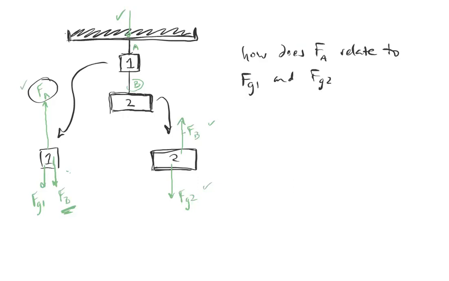Now, if you think about that, this rope right here is responsible for holding up both of those things. If you cut it, they would both fall. Then what you would expect is that the tension in that rope is just going to be equal to the sum of these two weights.